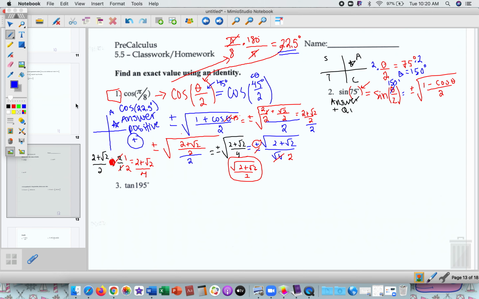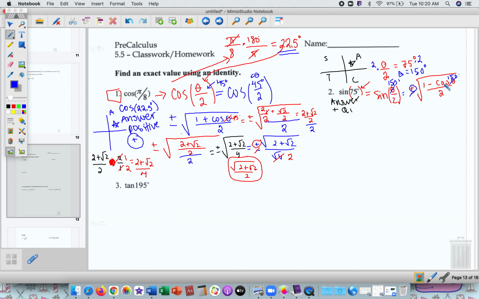We're going to replace the theta with 150 degrees. And we know our answer has to be positive, so we can circle the positive and cross off the negative.